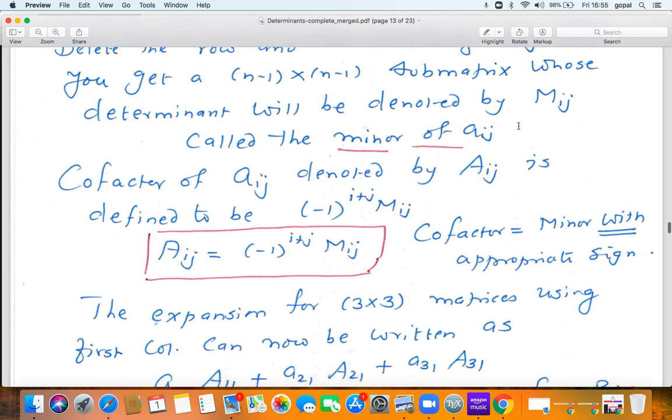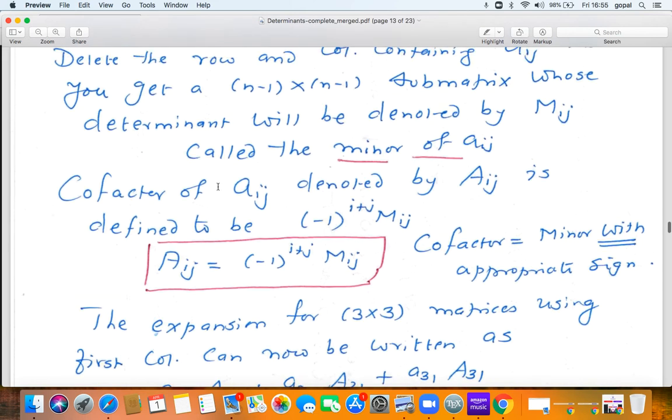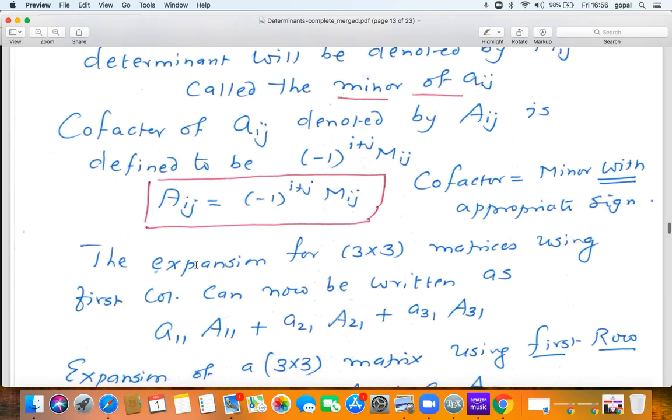So capital Aij is the cofactor of little aij. With this notation, the expansion for a 3x3 matrix using the first column can now be neatly written as a11 times capital A11 plus a21 times capital A21 plus a31 times capital A31. Very neat appearance of the expansion using the first column.